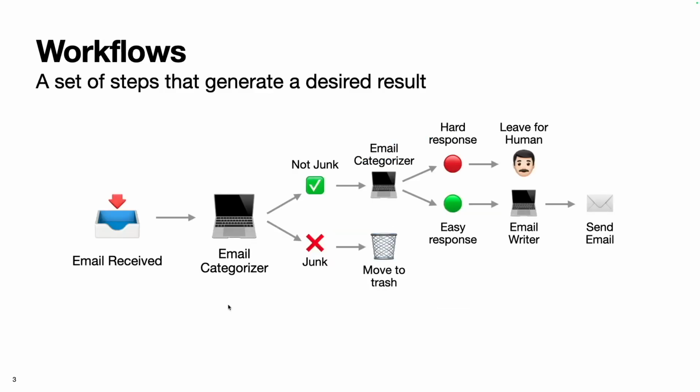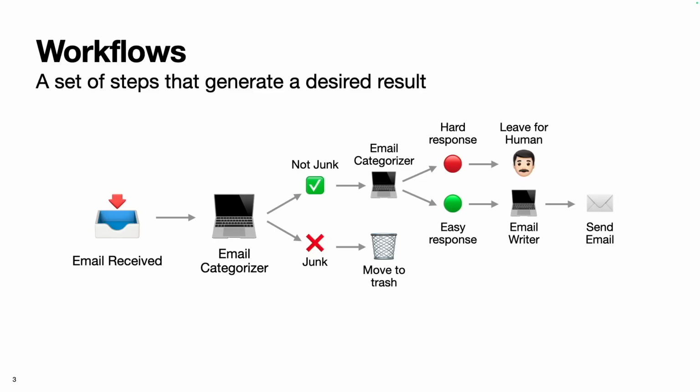So instead of just manually reading the emails, I can take the emails, pass them through some kind of email categorizer. This can determine if the emails are junk or not junk. The junks can go to the trash. Then I can have the not junk emails go through another email categorizer to determine if it's something that I can easily automate with an email writer, but if not, I can just leave it for myself to finish.